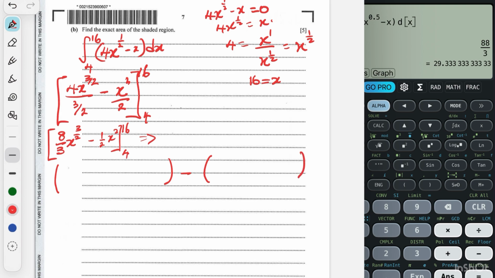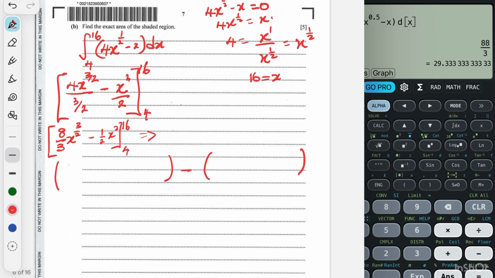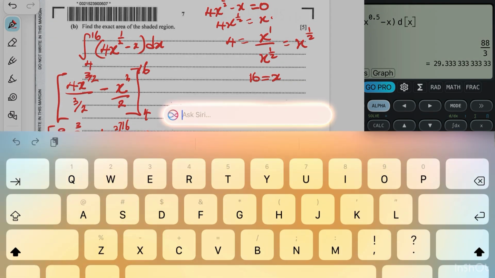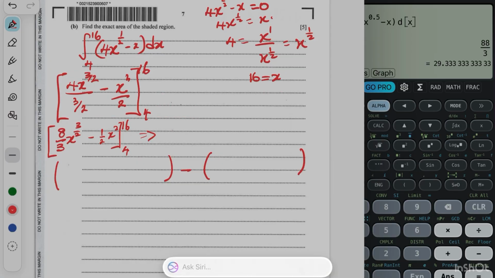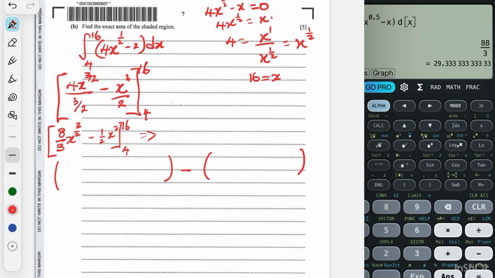So my limit is 16. So this will be 8 by 3, then x to the power. Okay, I'm just substituting my answer.